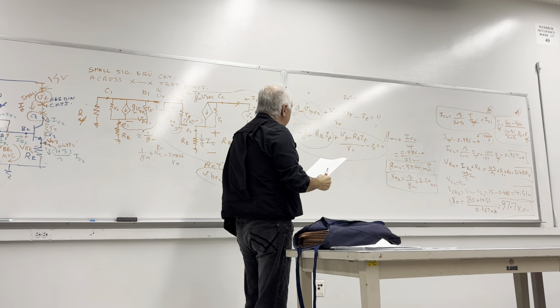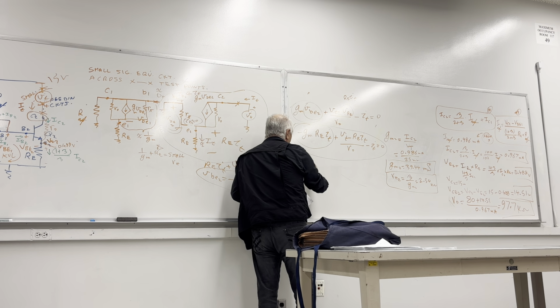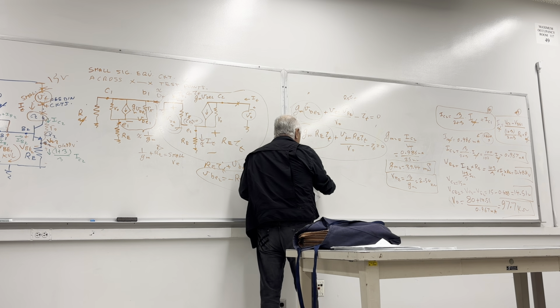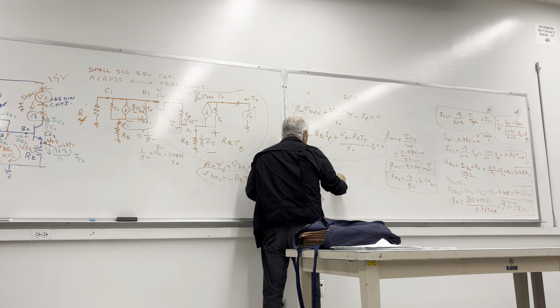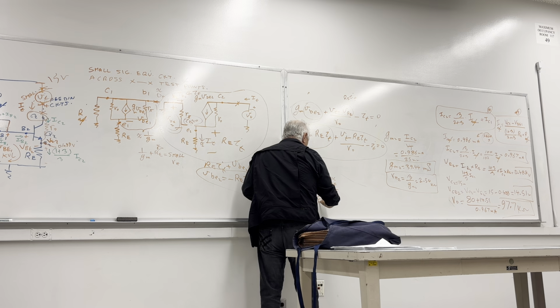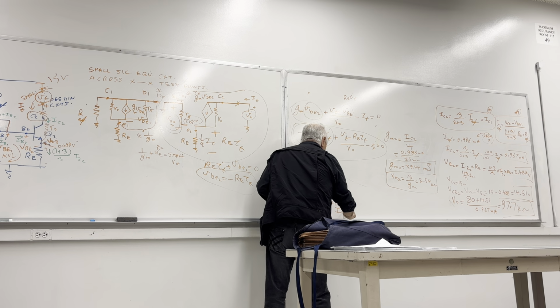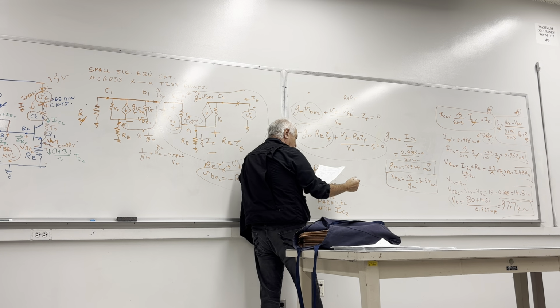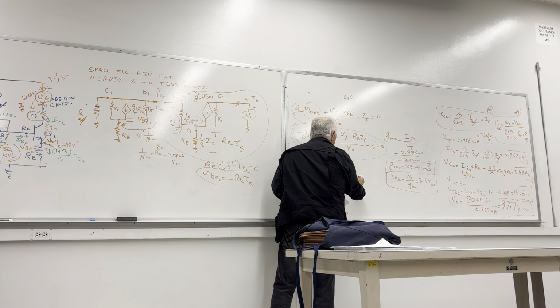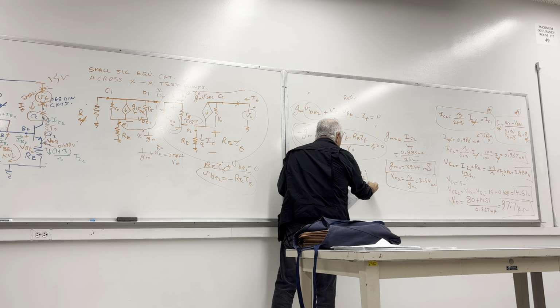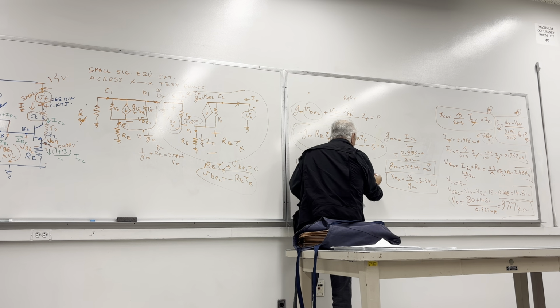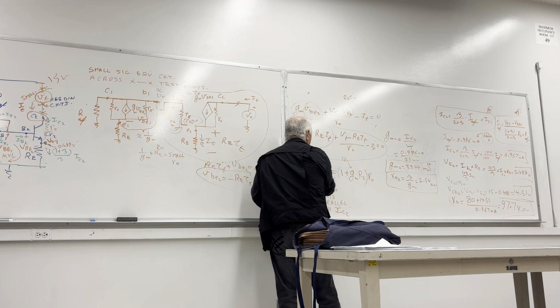If you get this ratio, VT over IT, this will be the dynamic resistance of the current source, parallel with IC2, equal to 1 plus GM, this is the GM of Q2, times RE, multiplied by RO. Finished. You need this one.